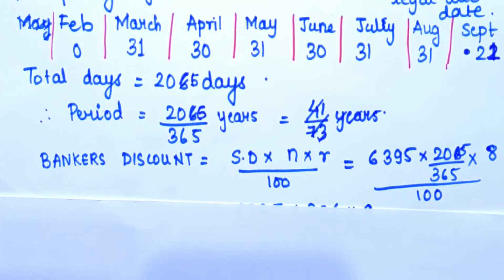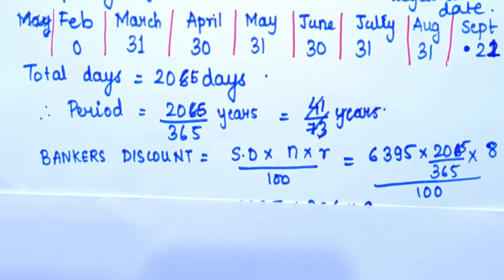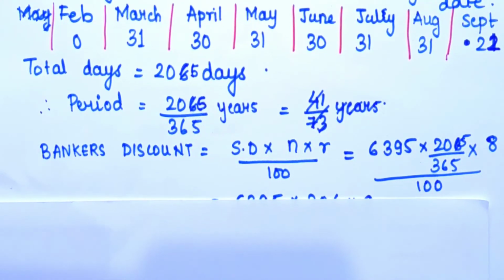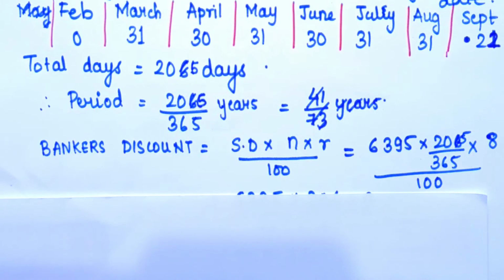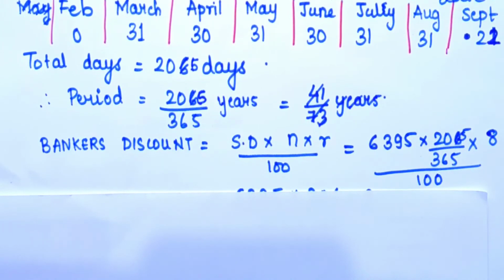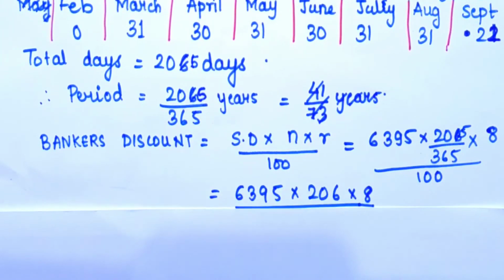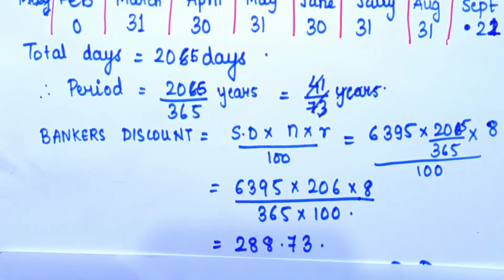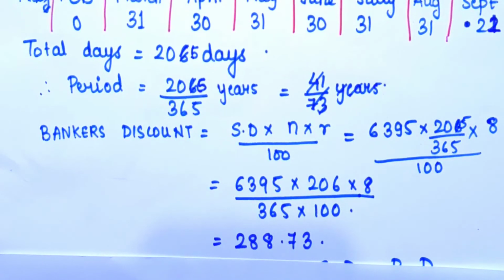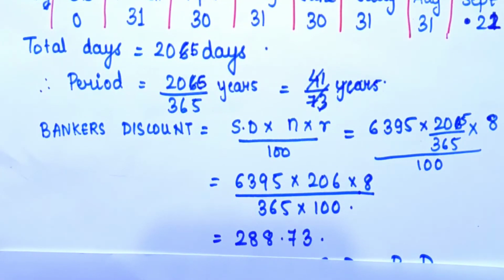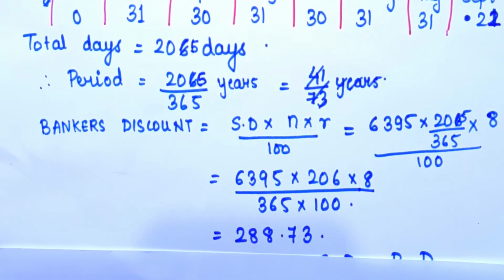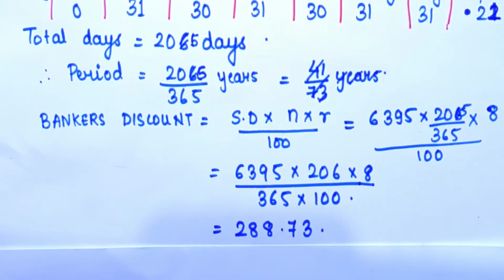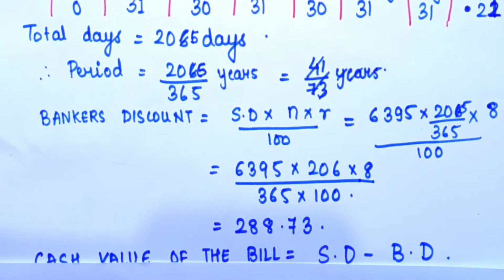And R is the rate of interest upon 100. Simplify, cross multiply, and try to figure out whether your answer matches mine. I've cross multiplied, simplified further, and after cancellations and subsequent division, I've got the answer to be 288.73. Please cross check if you're getting the same answer or not.